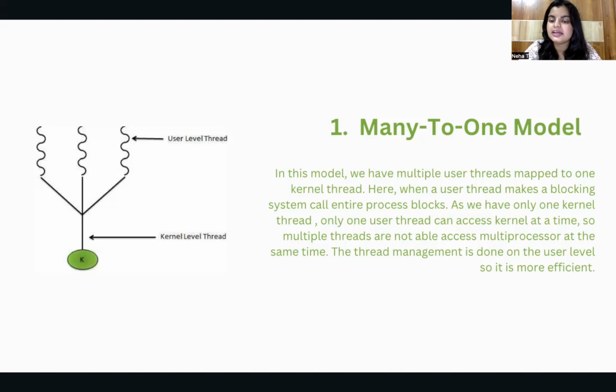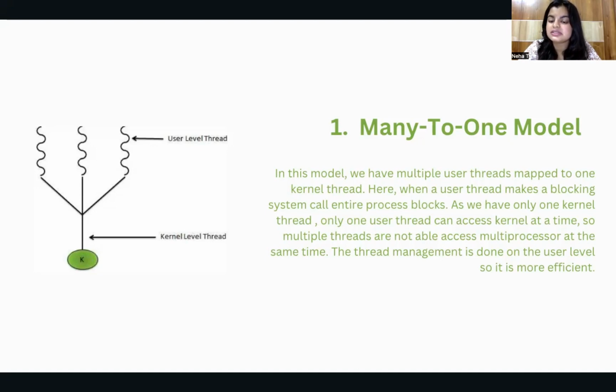Here, when a user thread makes a blocking system call, the entire process blocks. As we have only one kernel thread, only one user thread can access the kernel at a time.